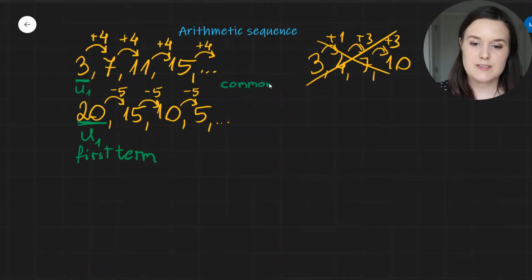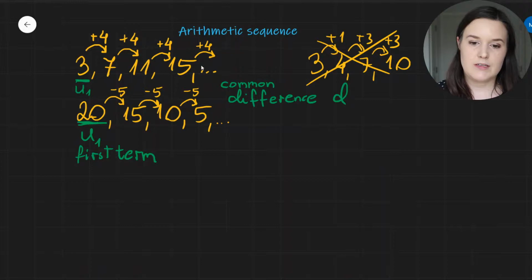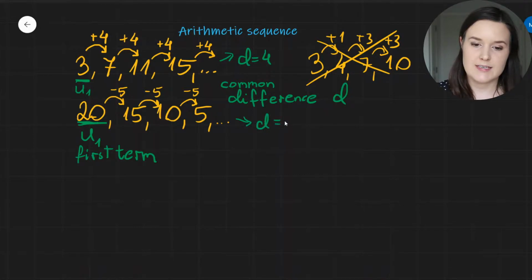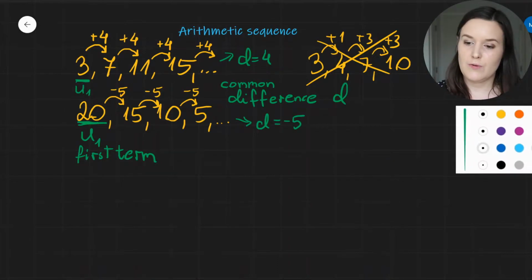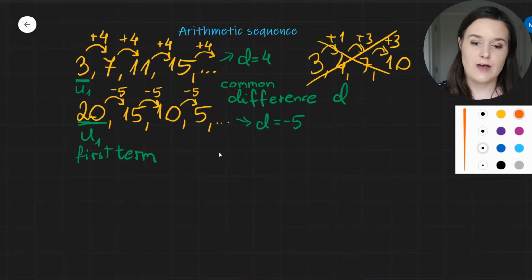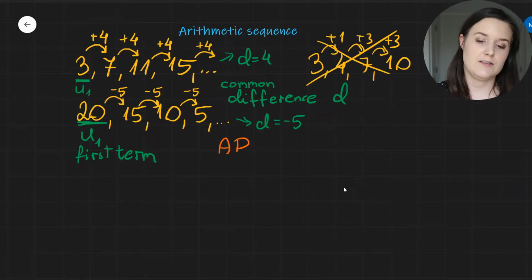The common difference is denoted by D. So in this sequence, the common difference is 4, and in this sequence, the common difference is minus 5. And if you always add to get to the next term, you know that you're dealing with an arithmetic sequence, also called an arithmetic progression and denoted as AP for short.